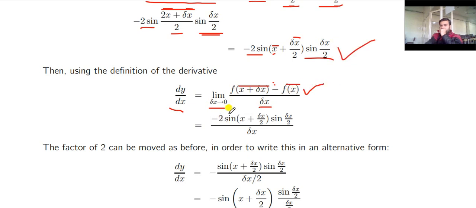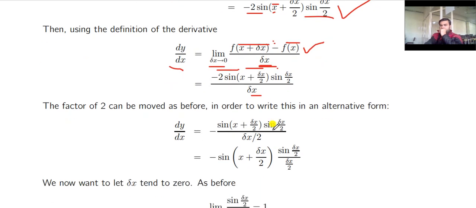So we write minus 2 sine x plus del x by 2 into sine del x by 2 and divided by this del x. So similarly this 2 comes in the denominator and becomes del x by 2, and this minus sign we write here. All the remaining things, sine x plus del x by 2 and sine del x by 2, are similar as shown in the numerator.